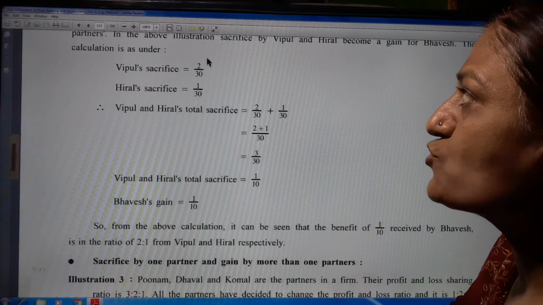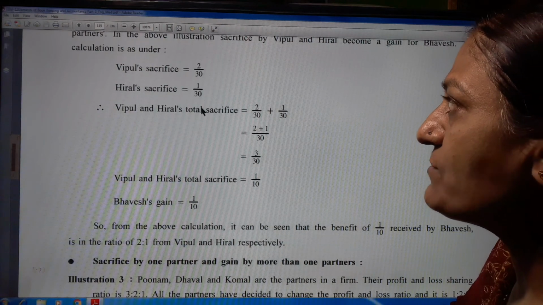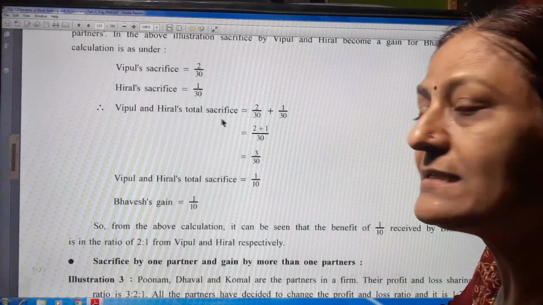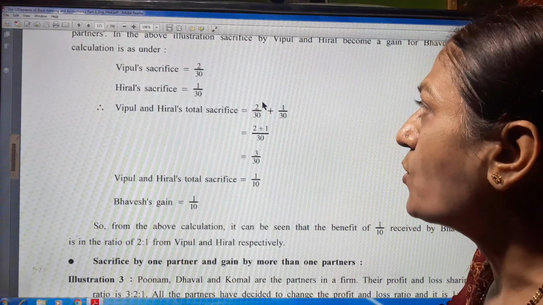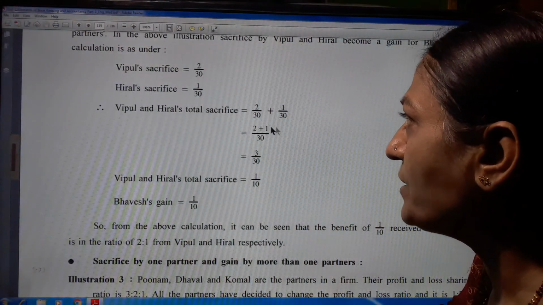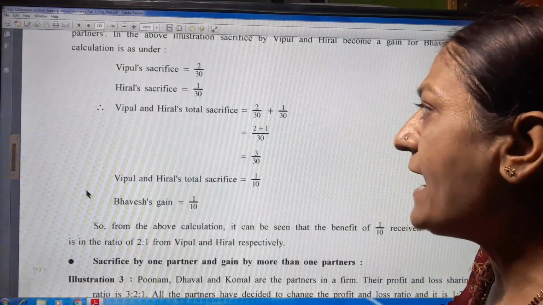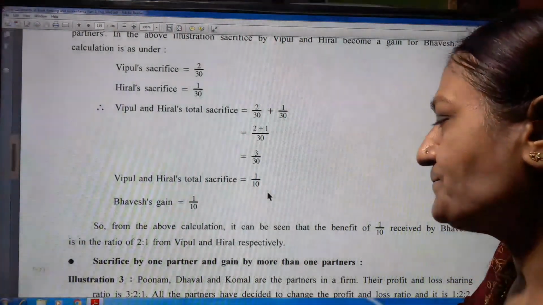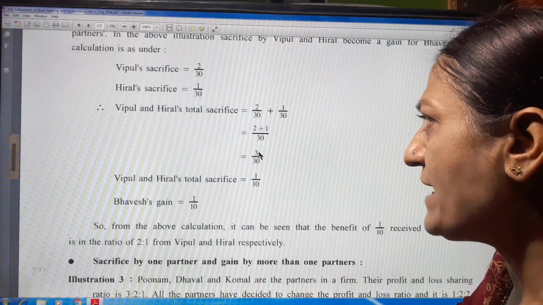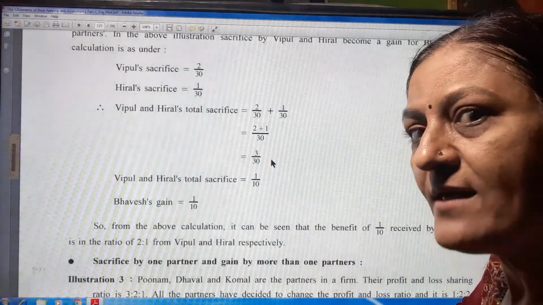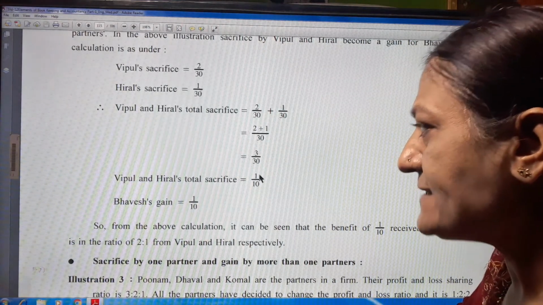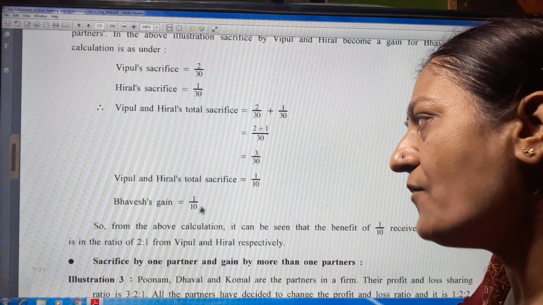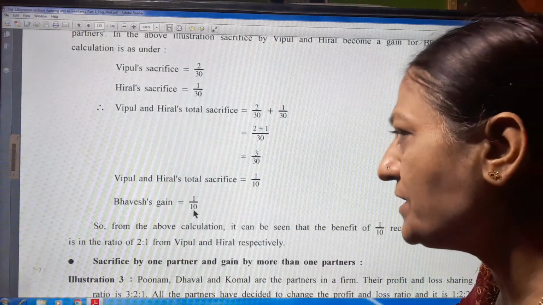Vipul's sacrifice is 2/30, Hiral's sacrifice is 1/30. So Vipul and Hiral's total sacrifice is 2 upon 30 plus 1 upon 30, which means 3 upon 30. In reduced form, 3 ones are 3 and 10 threes are 30, so 1 upon 10. So Bhavesh's gain is also 1 upon 10, because it was minus 1 upon 10.